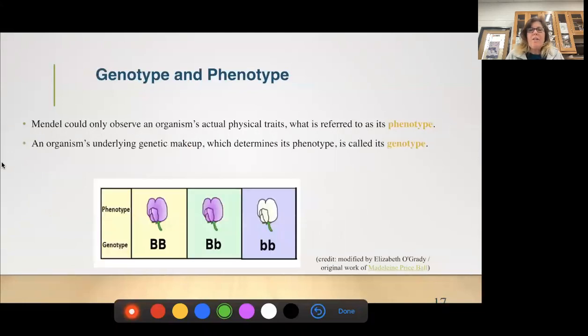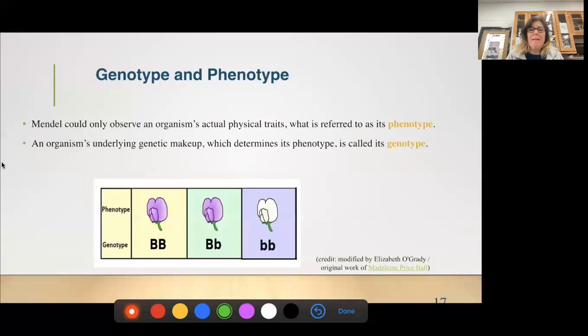When we talk about our genotype and our phenotype, Mendel could only observe an organism's actual physical traits. So what we actually are seeing is called the phenotype. The genes that they carry are the genotype. So when we represent genes with letters, if we look down below, we have our big B, which is our genotype for our homozygous dominant, which gives us a phenotype of a purple flower.